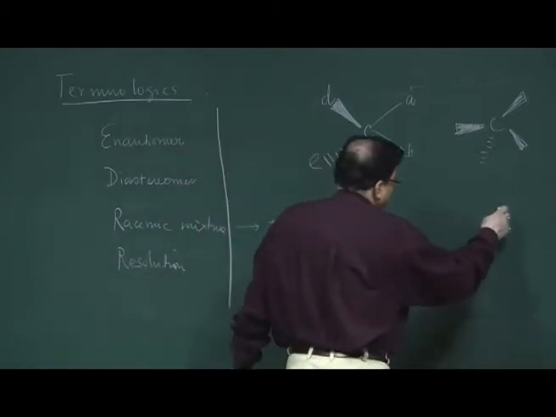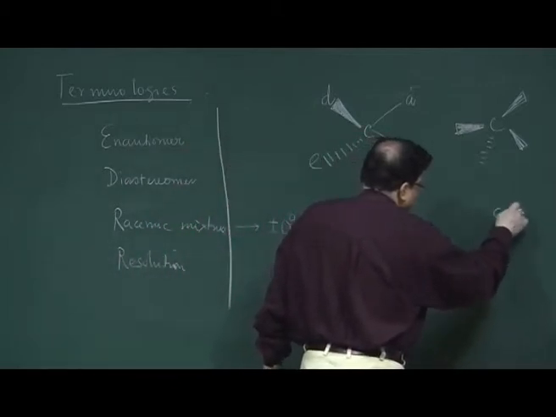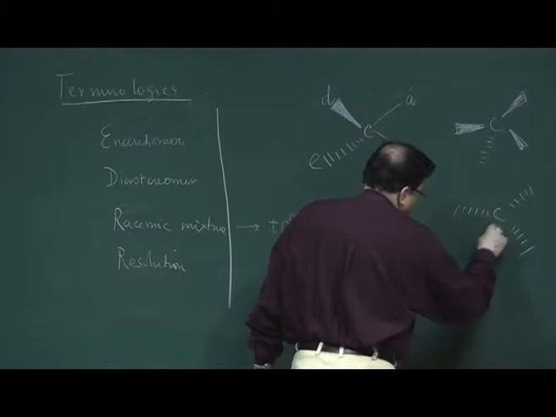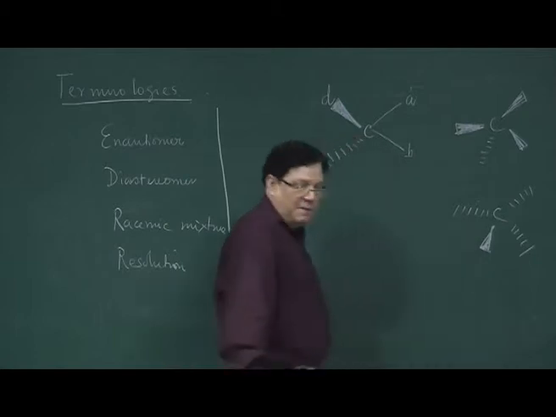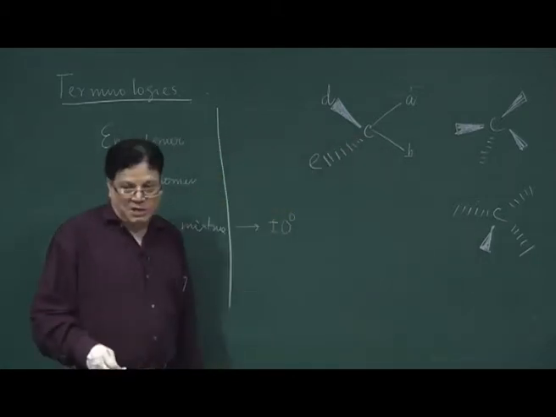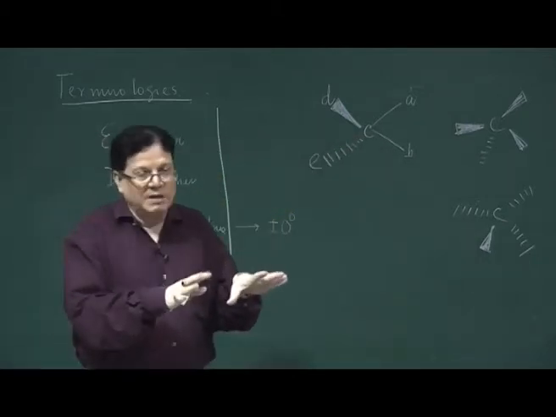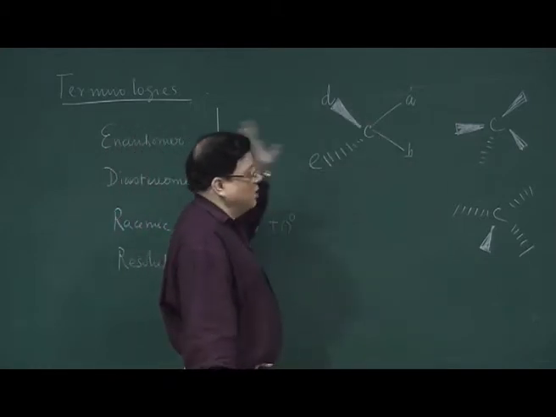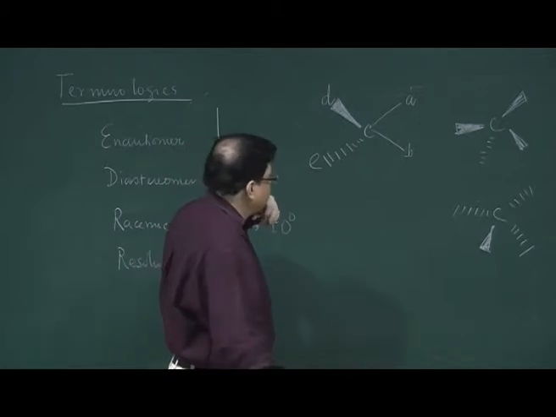And there is a third option I have, that 3 bonds are below the plane and the fourth bond will now be above the plane. So, these are the 3 situations, and all the 3 situations can be shown in this perspective formula. Okay.